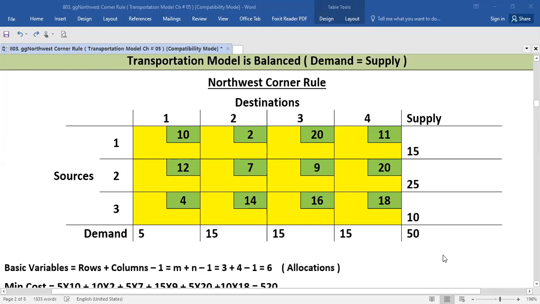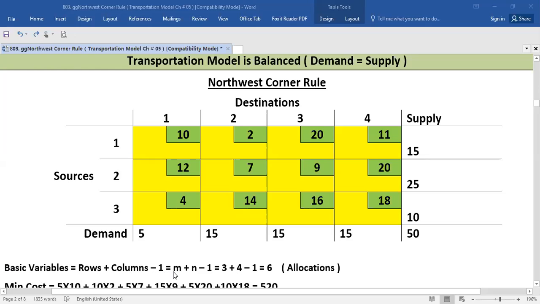Now, moving to the second step, we will calculate how many allocations will be made in the transportation model. For this purpose, we will calculate the total number of basic variables. This is the formula at the bottom: basic variables is equal to rows plus columns minus 1.